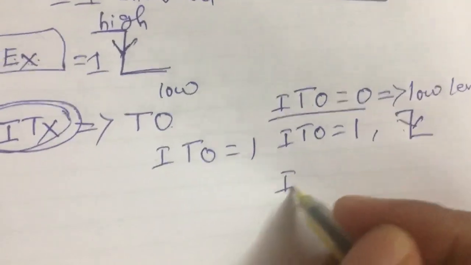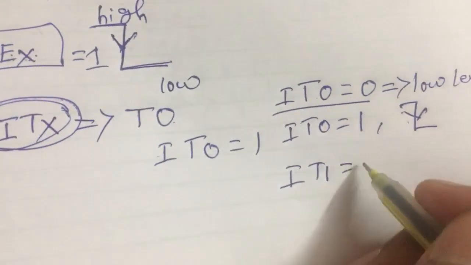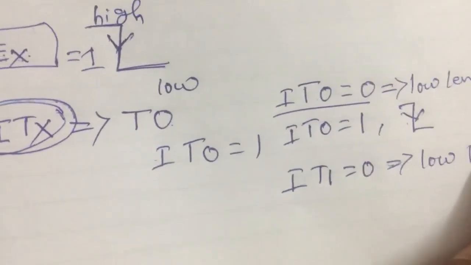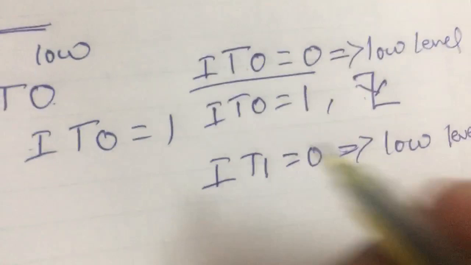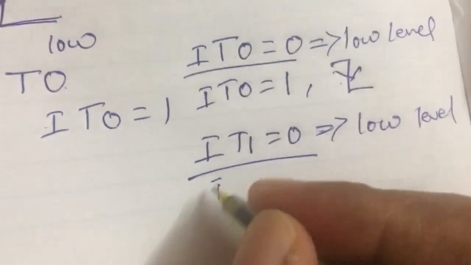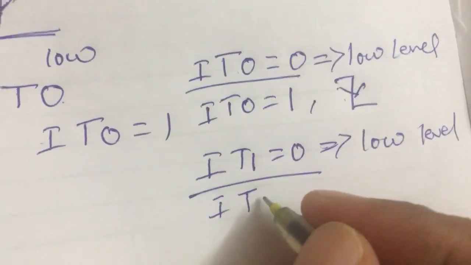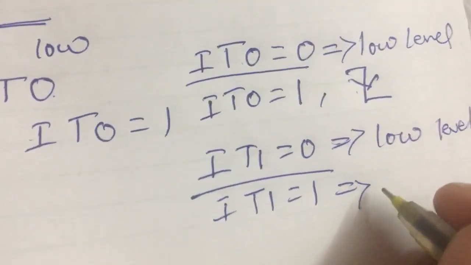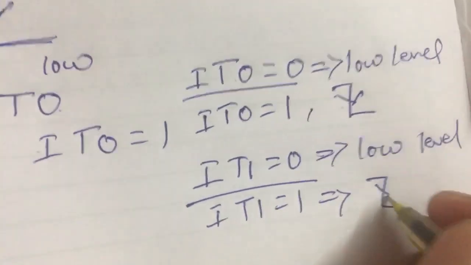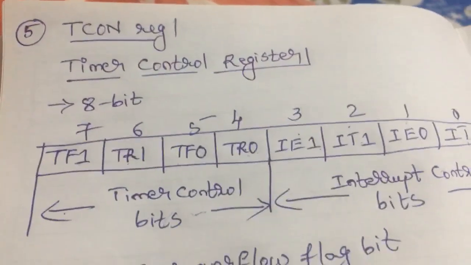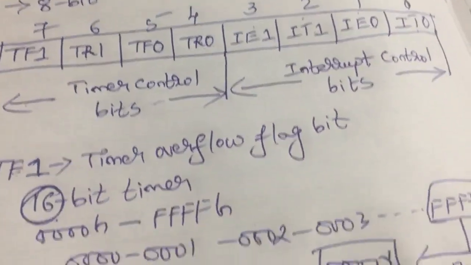Similarly, if IT1 is equal to 0, I will call it low level, and that means we are using low level triggering. And if IT1 is equal to 1, then we are using falling edge triggering, like this. So this is about the timer control register, right?